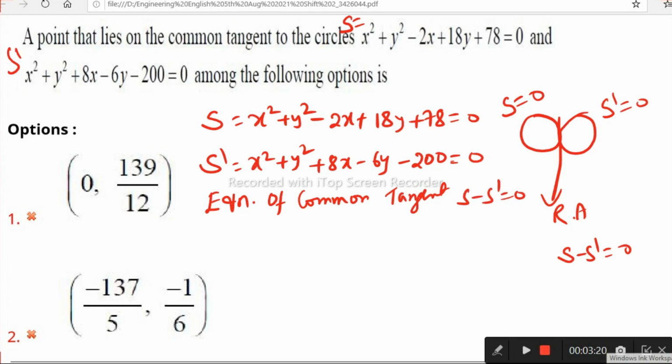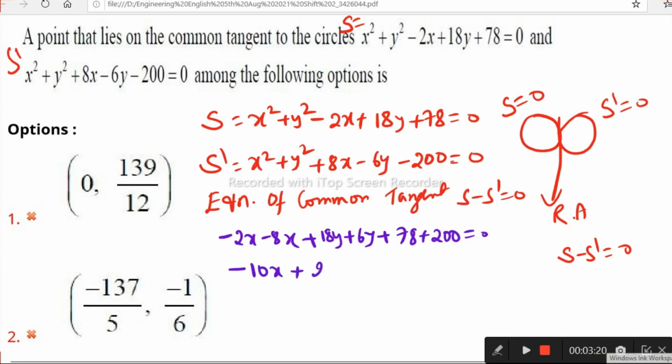S minus S dash: x square and y square cancel, minus 2x minus 8x is minus 10x, plus 18y plus 6y is 24y, plus 78 plus 200 is 278, equals 0. Cancelling the common factor 2, we get 5x minus 12y minus 139 equals 0.